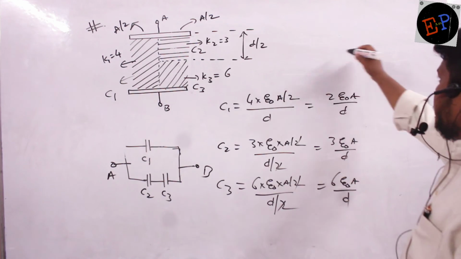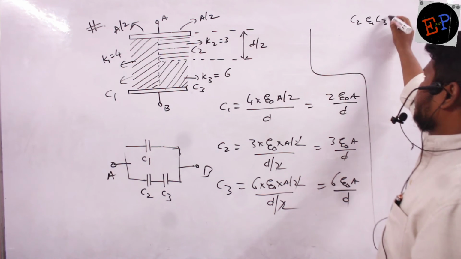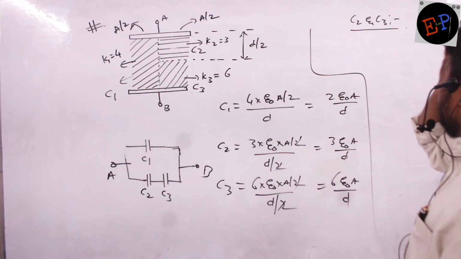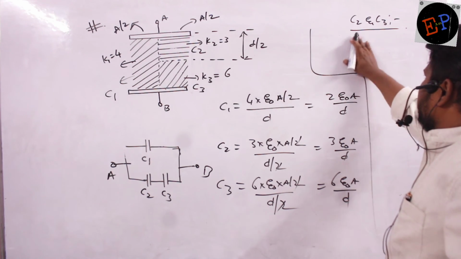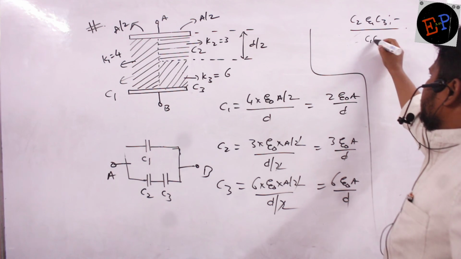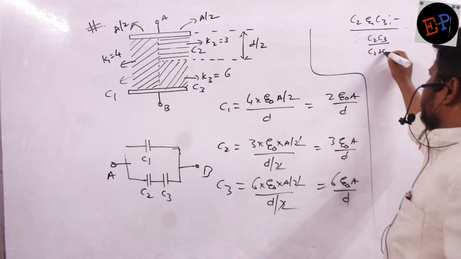C2 and C3 are connected in series connection. Because they are in series, how can I do the calculation? C2 C3 divided by C2 plus C3.